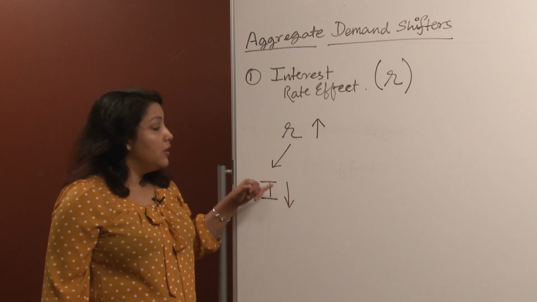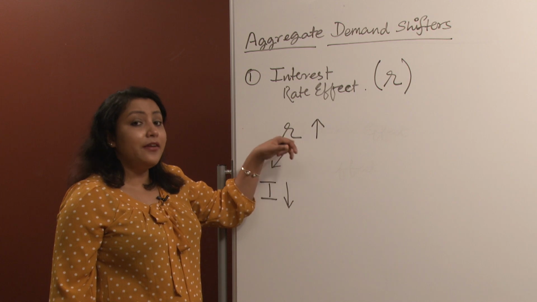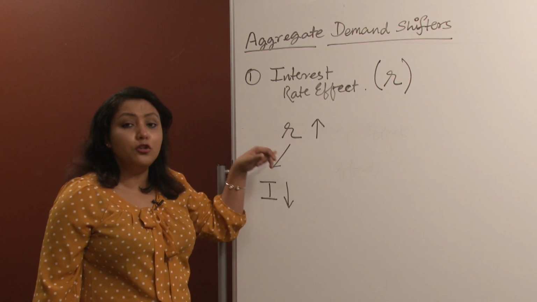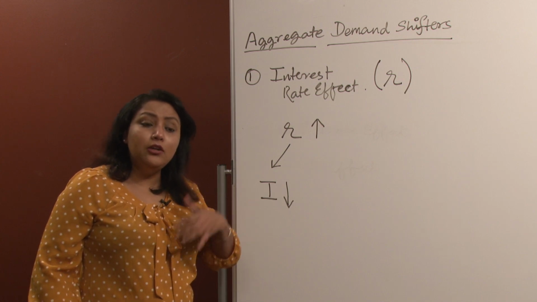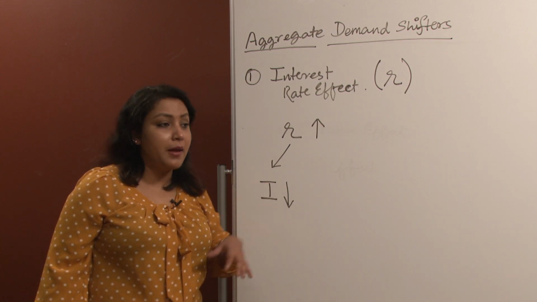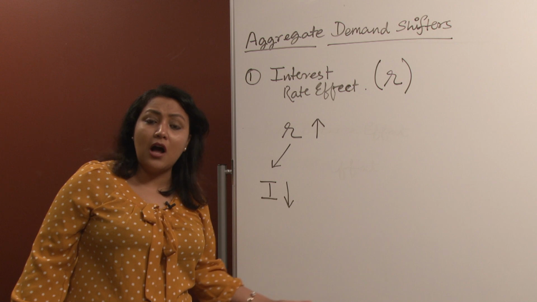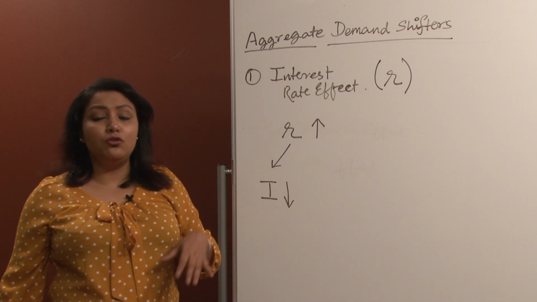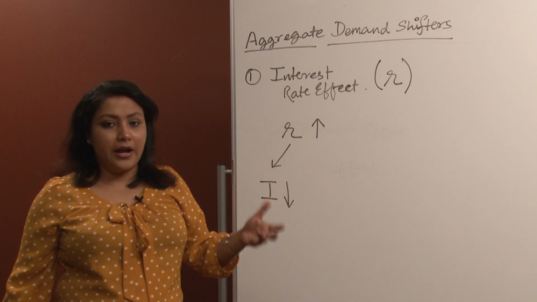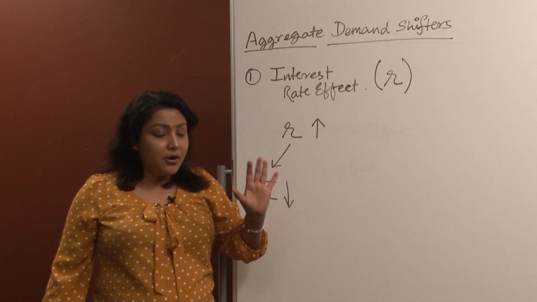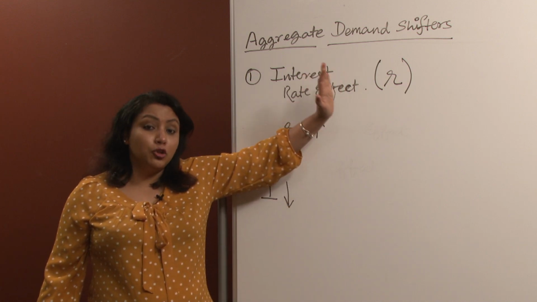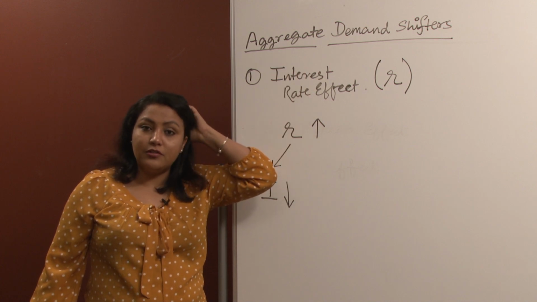Now, please note that the rate of interest is also what you and I earn when we put our money into some investment tools. For example, if we keep our money in a savings account, or if we put our money into bonds or stocks, that is the rate of return that we get. Remember, I told you, for simplicity, we are assuming that there is only one rate of interest in the economy.